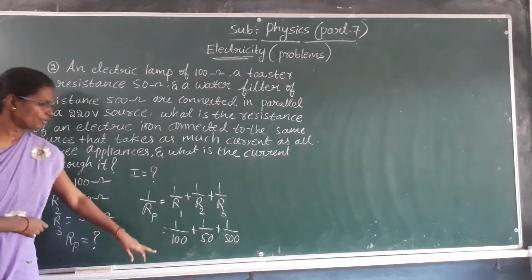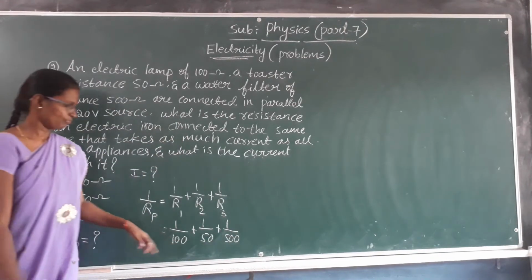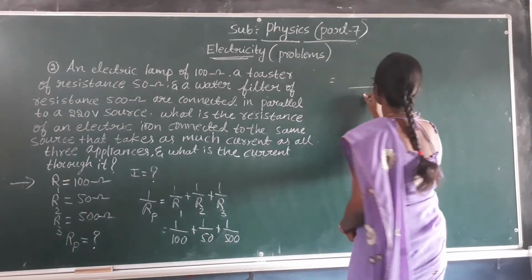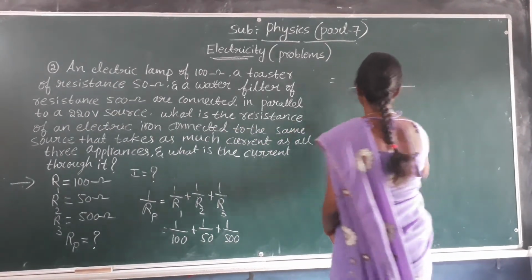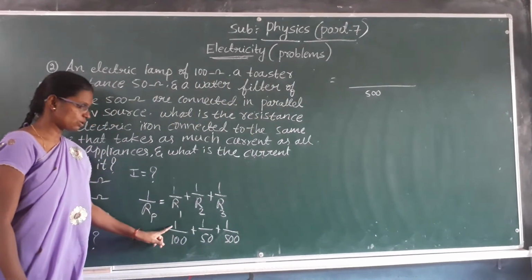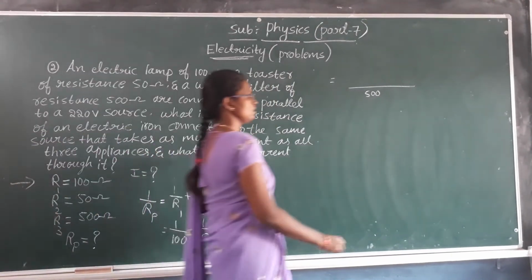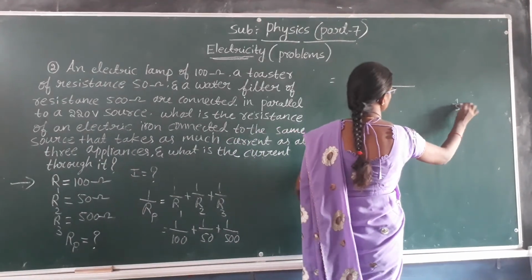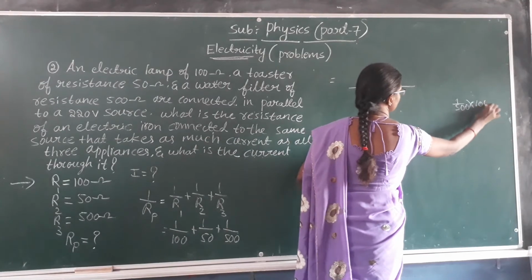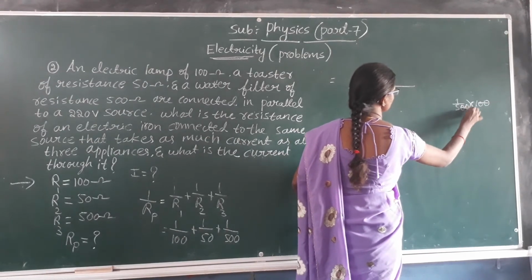Now we have to find out what the LCM is. So what is the LCM here? 500 is the LCM. Then how to calculate? First term, 1 by R1 is equal to 1 divided by 100.